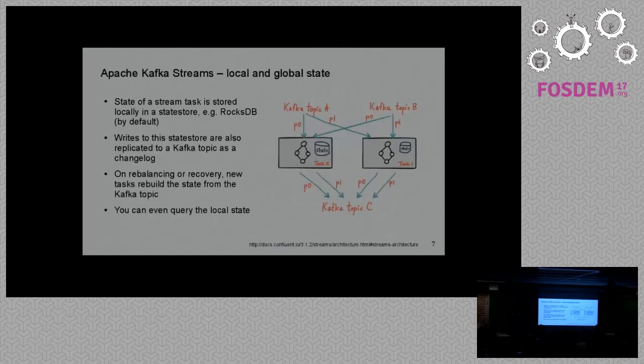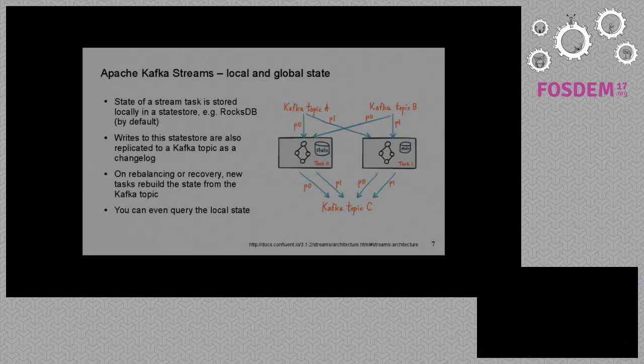Right, so you usually have a RocksDB as a local state, and this RocksDB is a key value store. It's again some kind of a table, which, as we saw before, can be seen as a changelog, and a changelog is a stream. So the way this state store is made available is that it's written back to Kafka as a topic, as a changelog topic for your state store.